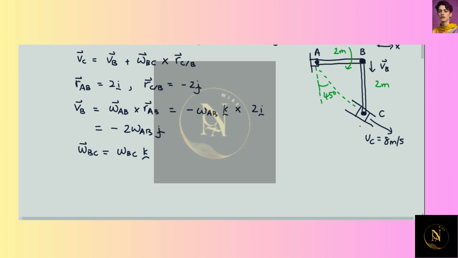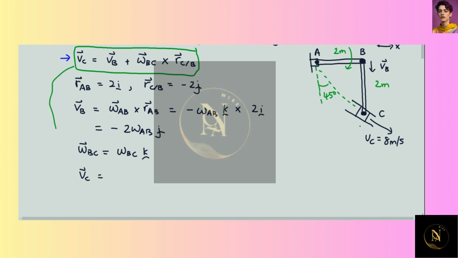Okay, then we have the relevant information. So this is the equation that we want to use. VC will just be 2 omega AB. Okay, so just rewrite the equation. Again I'm using this equation.